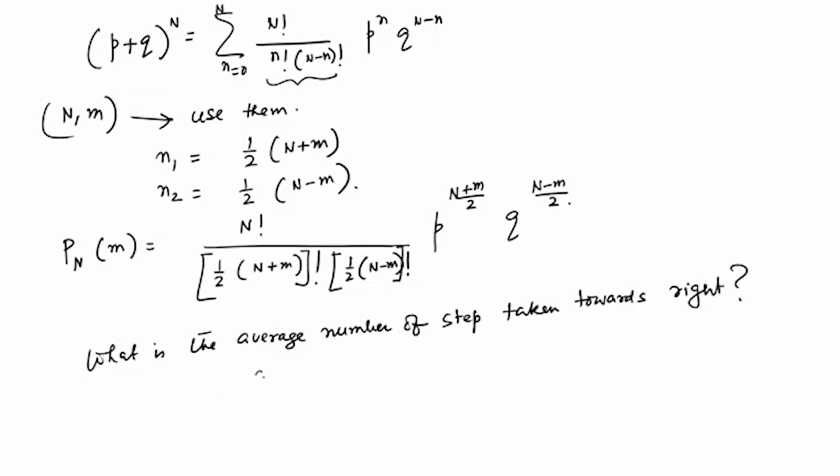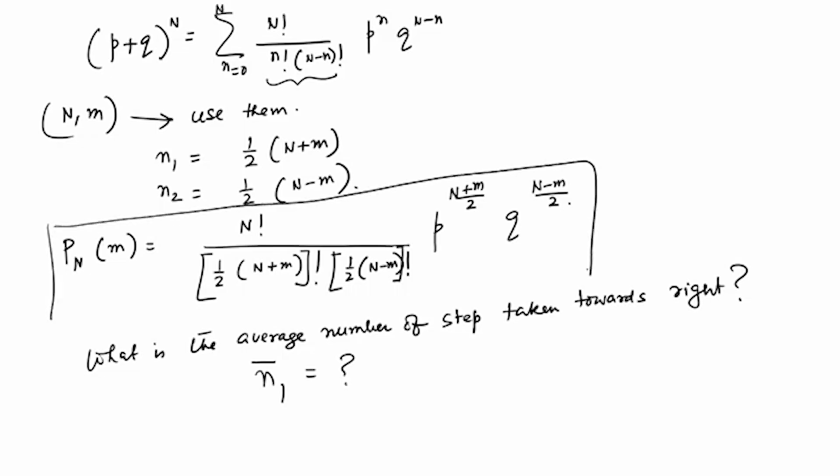That is what is n1 average. Now, this is the probability distribution that you see here.